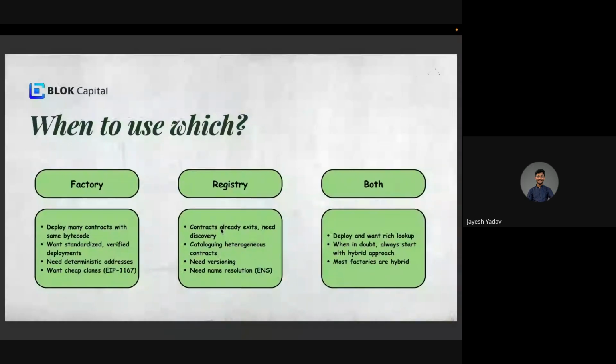So for standardized and verified deployment, we have chosen the garden factory, and we derive a few parameters ourselves in the garden factory to be passed into the user gardens.